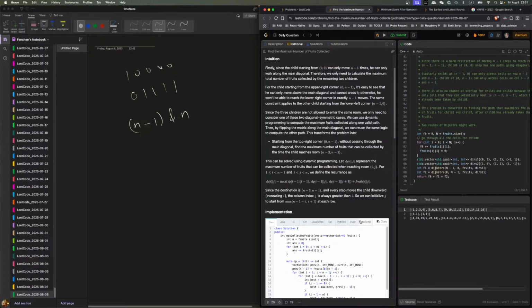Okay, what if I equal to 0? If I is 0, J is n minus 1. If I is 1, J can be... and this is just to say where J can be as I increases.